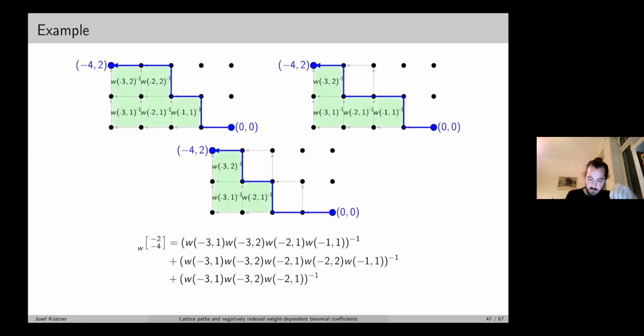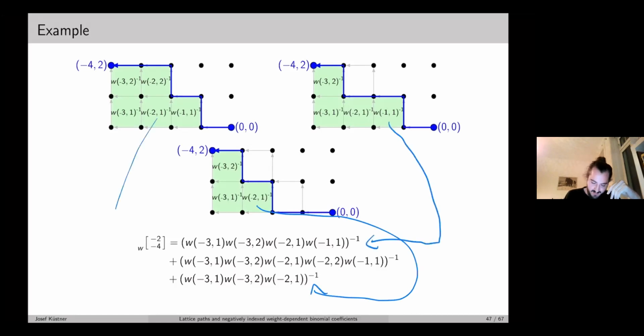And indeed, this works out with this path. So these are the weights of this path. We multiply over all weights, and then we can see where they are. Like the first one is this here at the bottom. This one here is, I think, here. And this one here is, yeah, I hope you believe me. It's just the same weights, and we get this for the weight-dependent binomial coefficients as well.